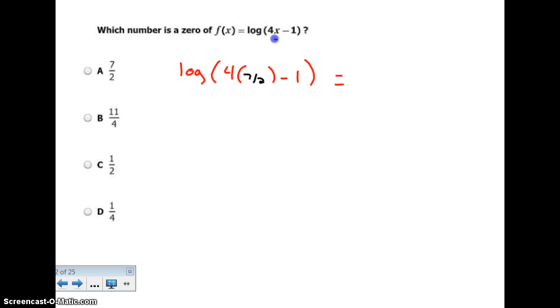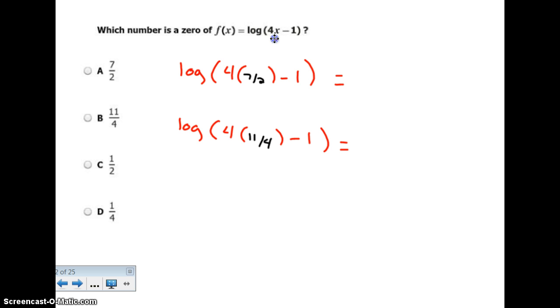If that doesn't work, you're going to try answer choice B. So you would put 11 over 4 in place of x. You want to get 0.